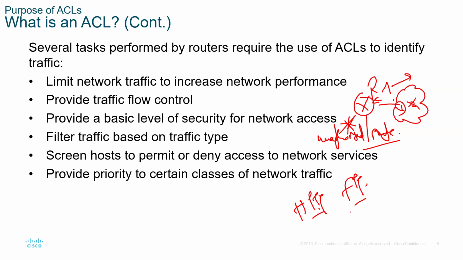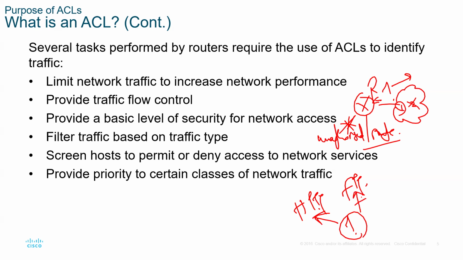You could allow one device HTTP to go through the interface, basically meaning your device will be able to connect to the internet, you'll be able to browse. But at the same time, that device is not allowed to share any files to the internet, a level of security that you have.